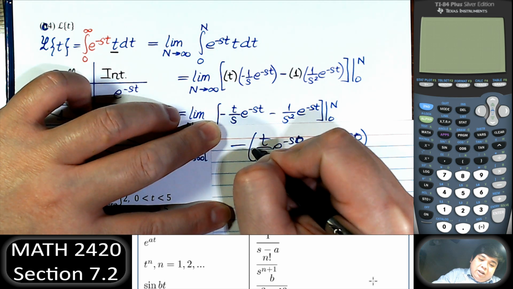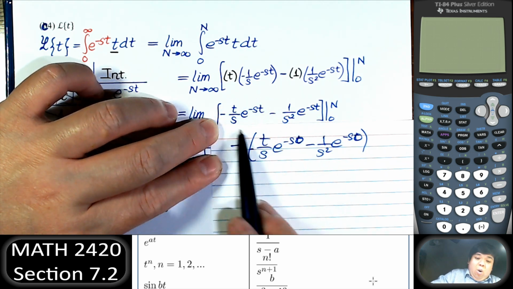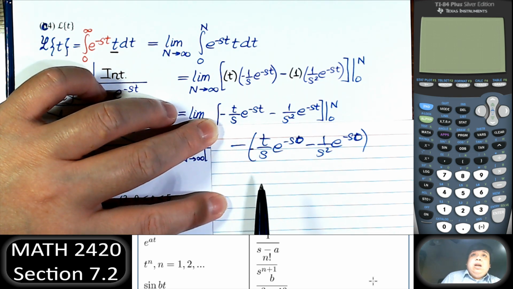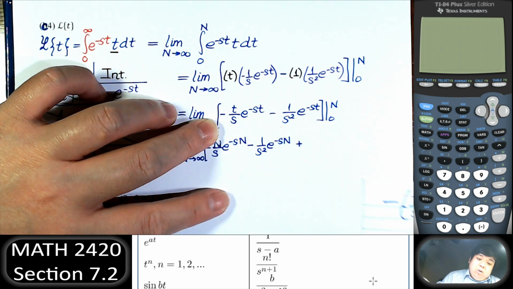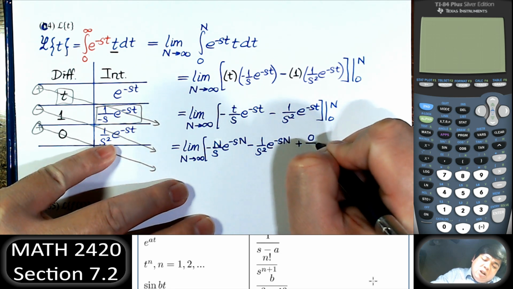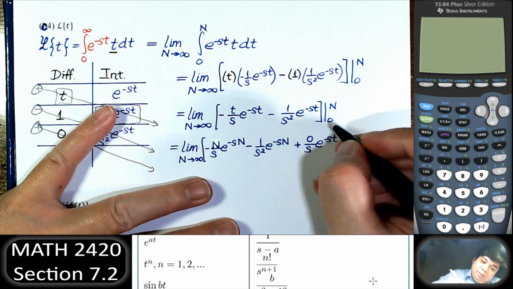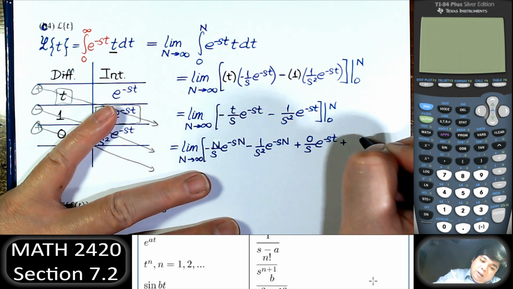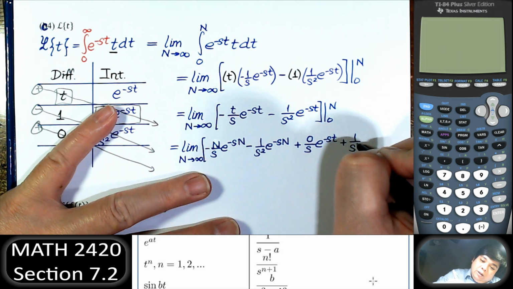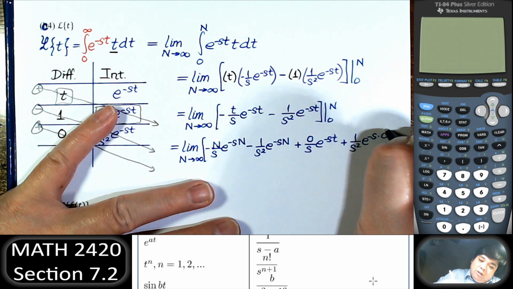There's a negative here, so we subtract the whole thing when we put in the lower limit, but negative and negative turn to a positive. Put 0 in for t. E to negative s times 0.